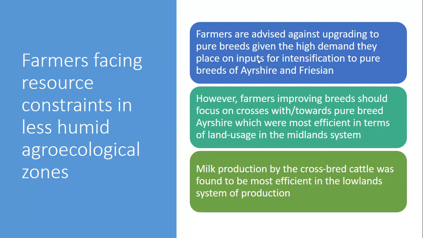So you're not getting as efficient an output from the animal with the increased availability of feed in this lowland. So farmers were encouraged to improve their breeds with the Ayrshire, and this would make their systems more efficient, especially in the lower regions of the less humid agricultural zones. Next.